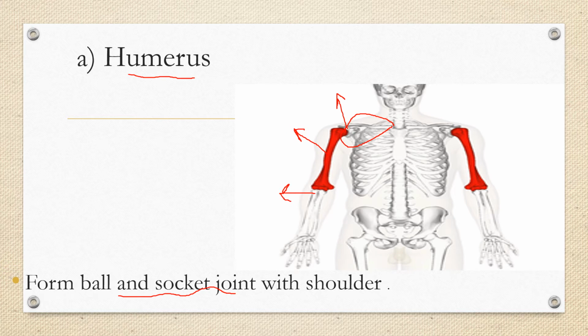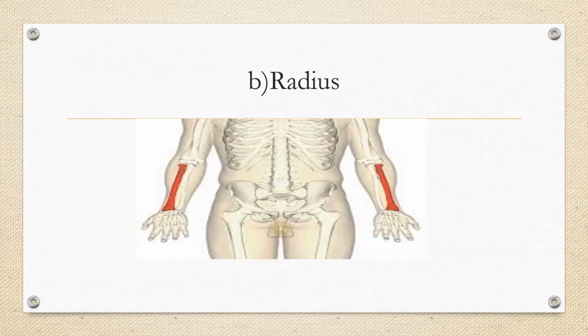The second bone of the upper limb, or forelimb, is the radius bone. You can see that the bone you have studied is the humerus, and the next bone you are studying is the radius. It is present in the lower arm, and you can also see that there is another bone along with the radius.